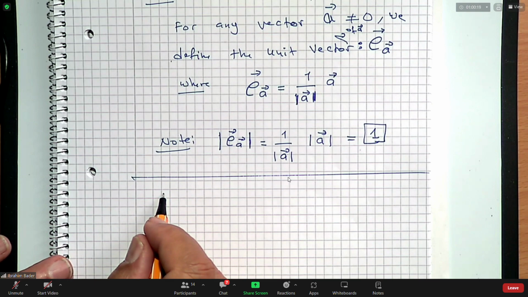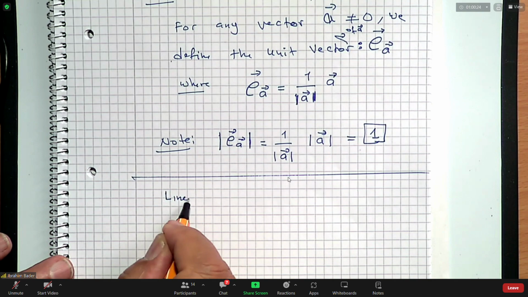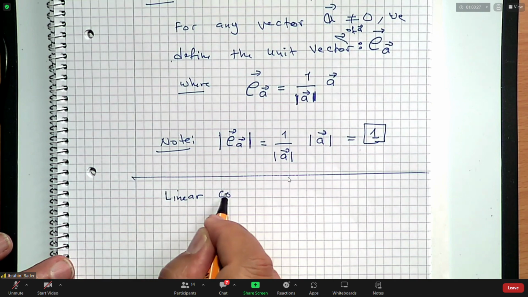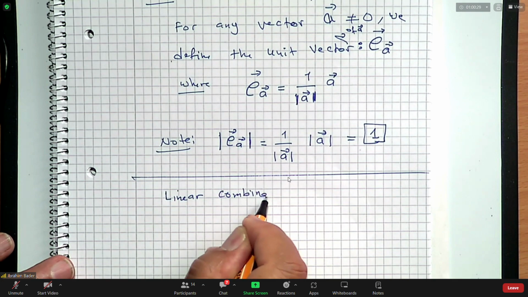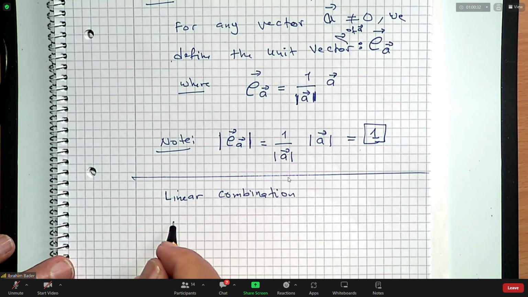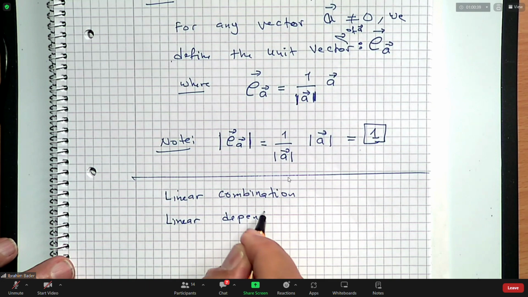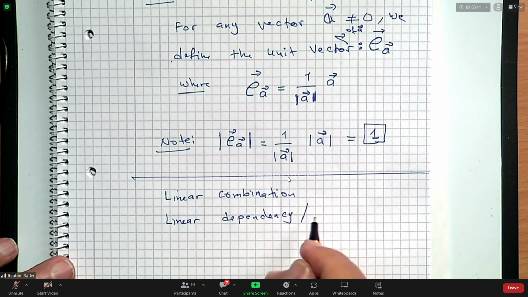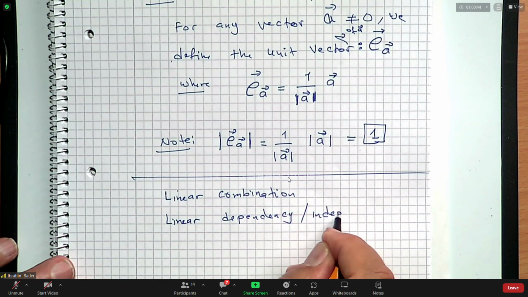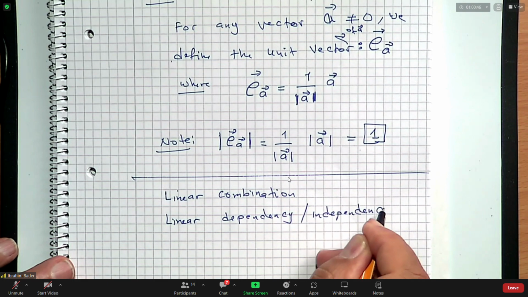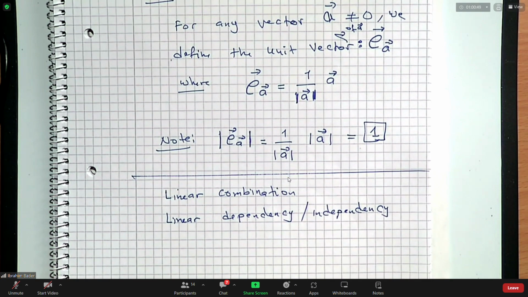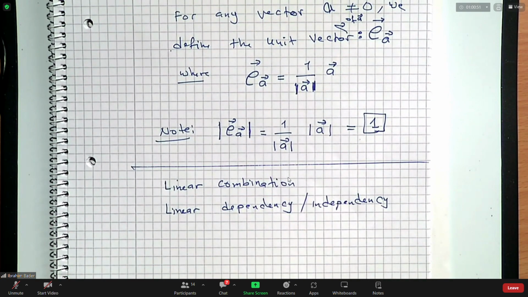In particular, two things: linear combination and linear dependency, or of course independency, of vectors.